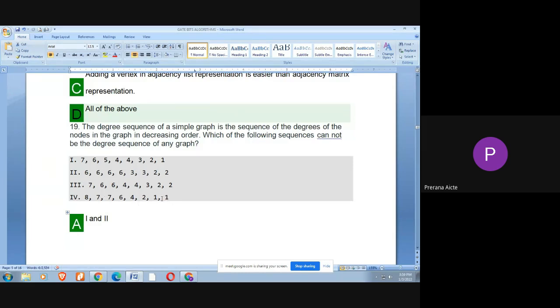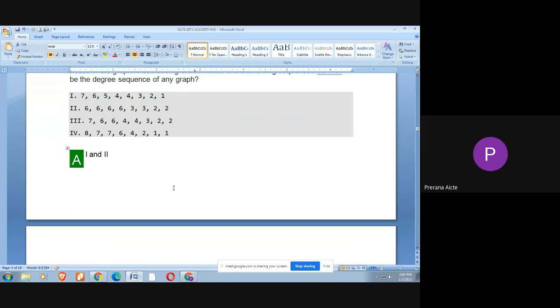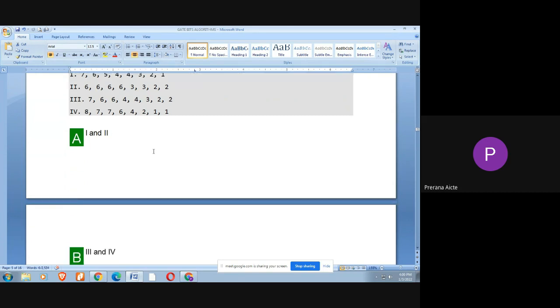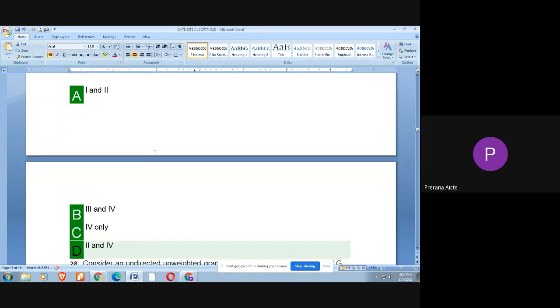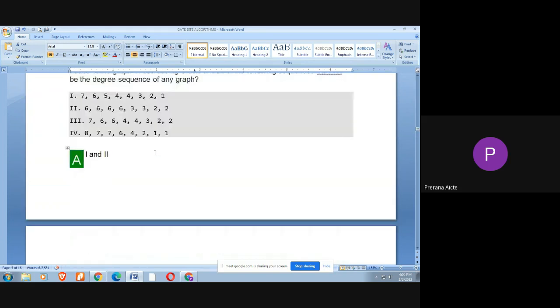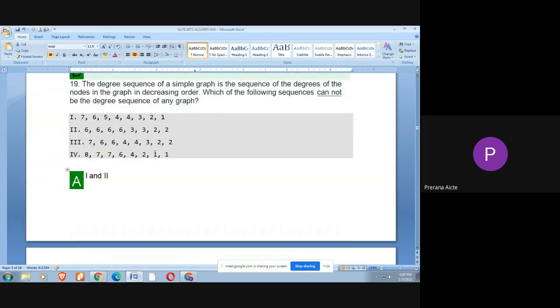So we have one vertex with degree 1 and one vertex with degree 1. So we have two vertices of degree 1, which is not the correct degree sequence for a single graph.